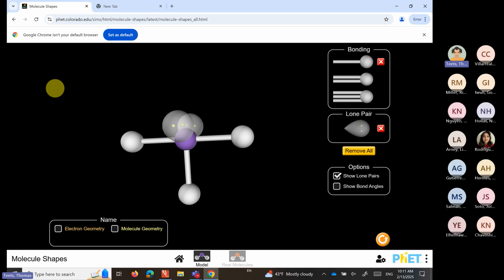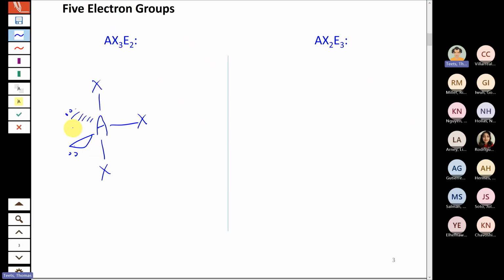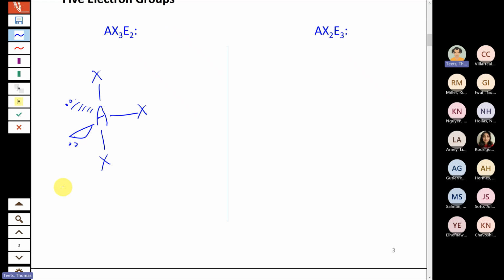So 2 of the 3 triangular positions are occupied with lone pairs. That leaves the other 3 atoms making this sort of T-shaped arrangement. Okay, so it's sideways in this direction, but hopefully that's not too hard to see why. And we call this the T-shaped geometry. In this one, we no longer have the 120-degree bond angles anymore because we've gotten rid of 2 of those 3 triangular positions.